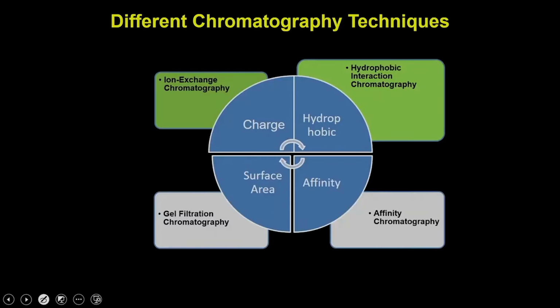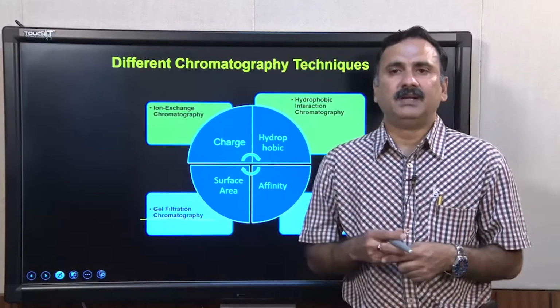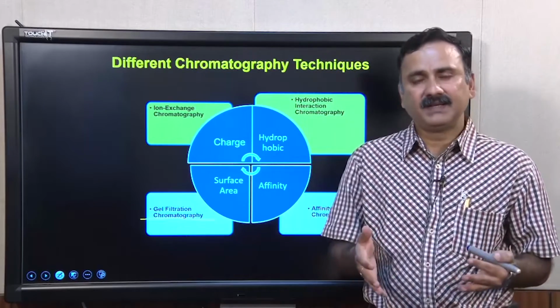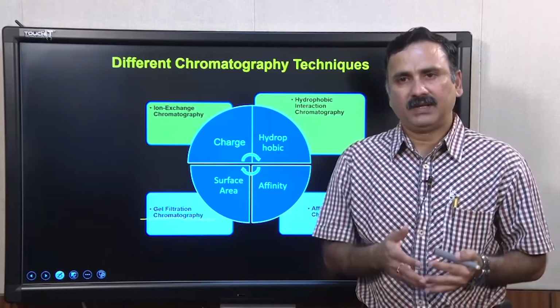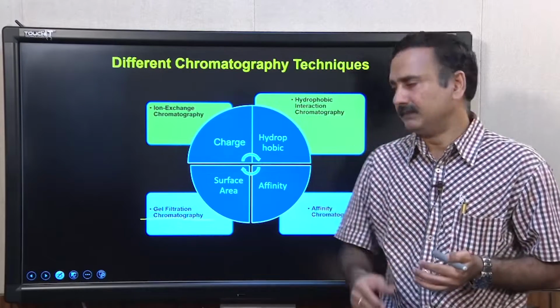Today we are going to discuss gel filtration chromatography, where the basic principle is that proteins are separated based on their size, and we will discuss how we can achieve that.